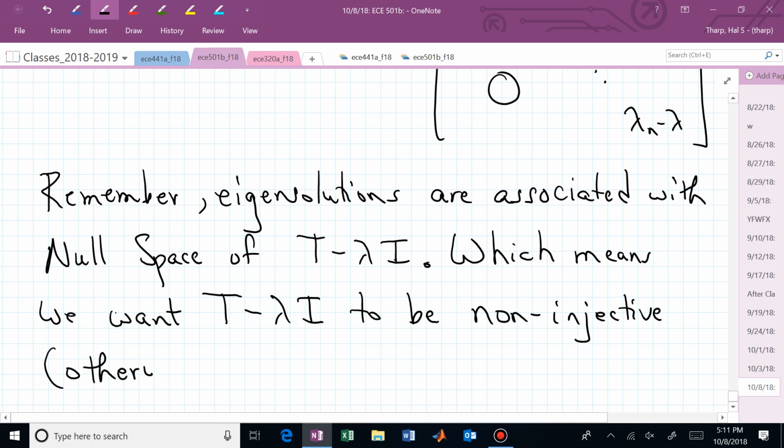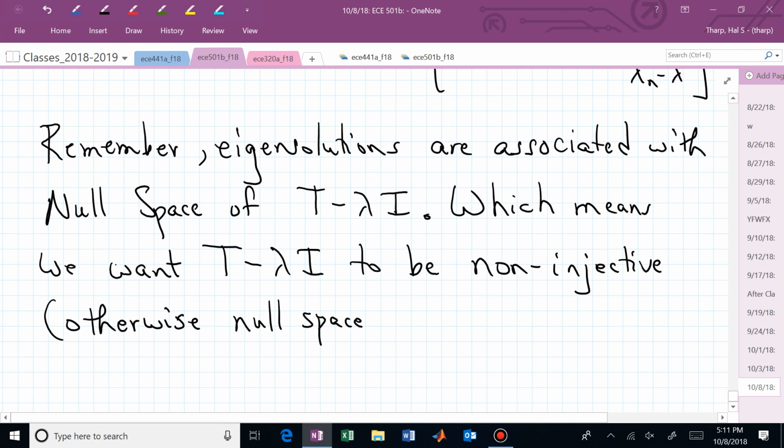If it wasn't, we would have the trivial null space, which is the zero vector, and we want our eigenvectors to be non-zero.